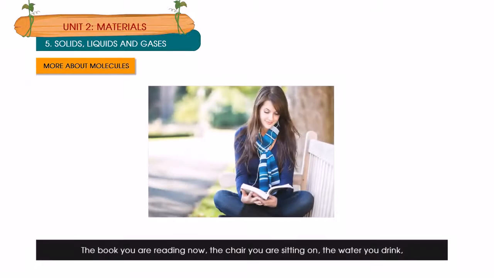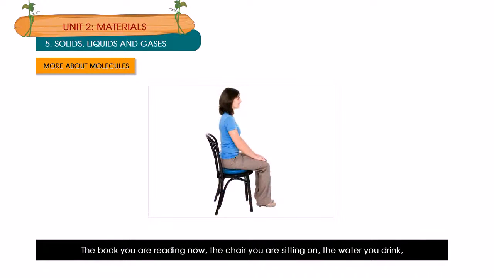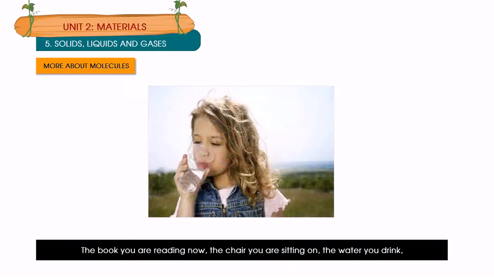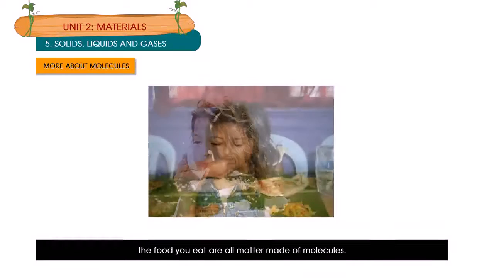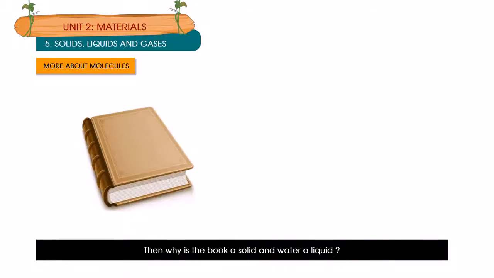More about molecules. The book you are reading now, the chair you are sitting on, the water you drink, the food you eat are all matter made of molecules. Then why is the book a solid and water a liquid?